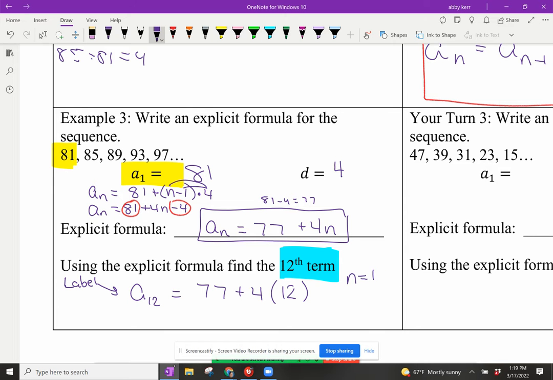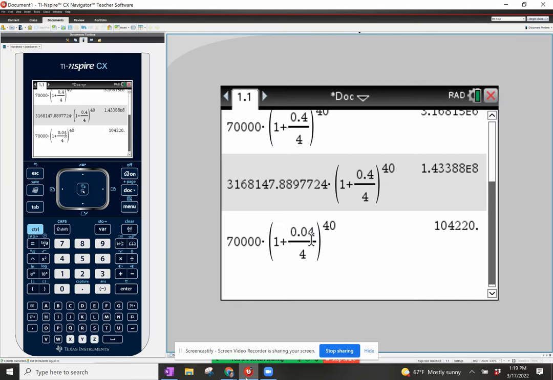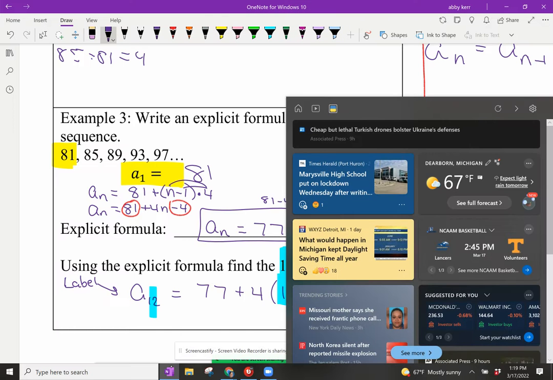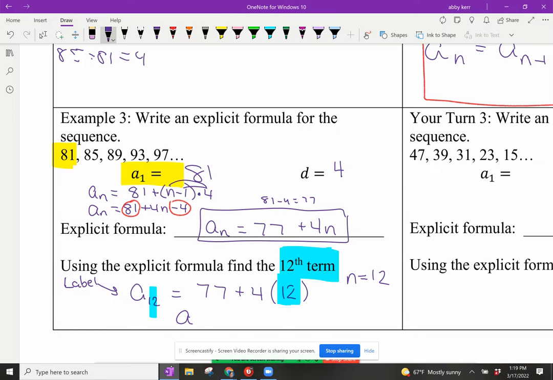So n is our 12. Now in the calculator, all you have to do is 77 plus 4 parentheses 12. And you're going to get 125. So our 12th term is going to be 125.